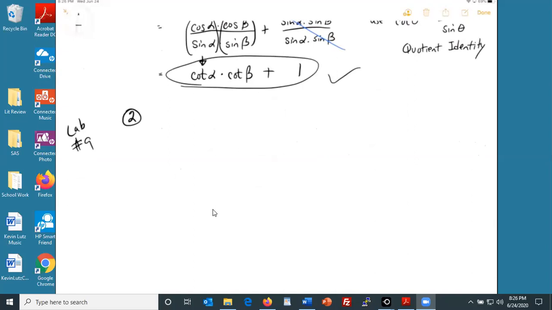So what we want to do is show that the cosine of alpha plus beta plus the cosine of alpha minus beta equals 2 cosine alpha cosine beta.